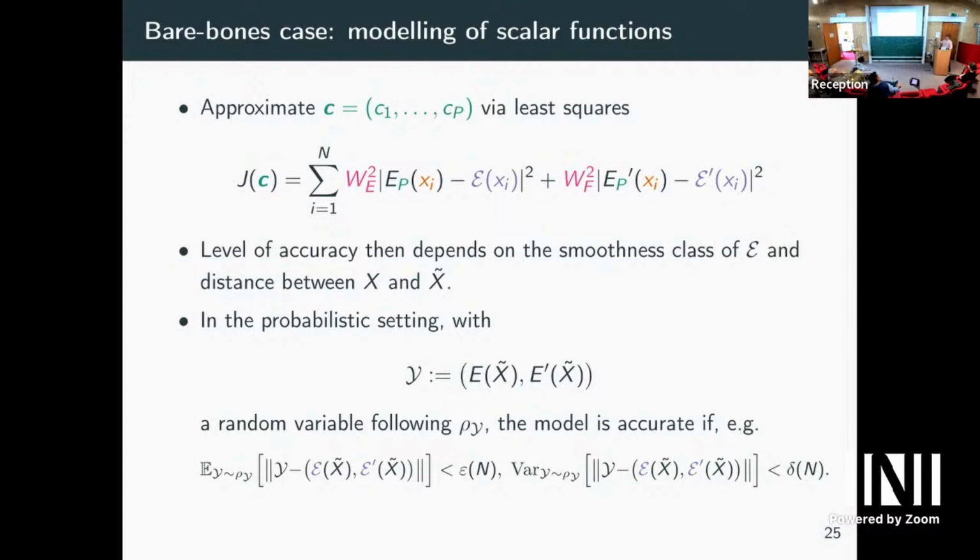Sometimes there's an interplay between epsilon and delta, and the question is what level of variance you're happy to accept. And if you're happy to accept it, then perhaps you can lower the epsilon somehow.